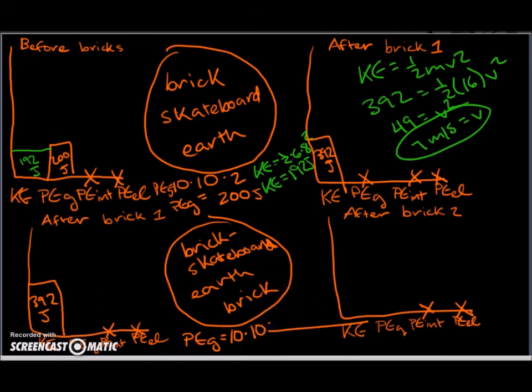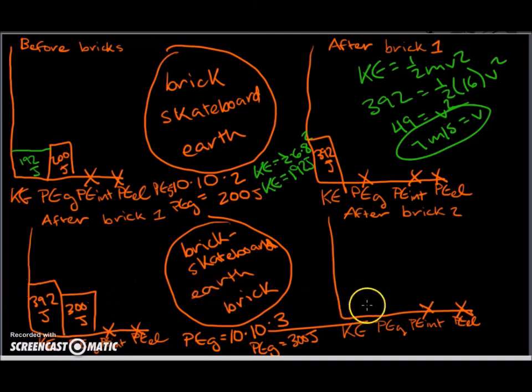And we also have a height of 3 meters on this brick. So our potential energy of gravity is going to be equal to 300 joules. So right about here is going to be our potential energy of gravity.